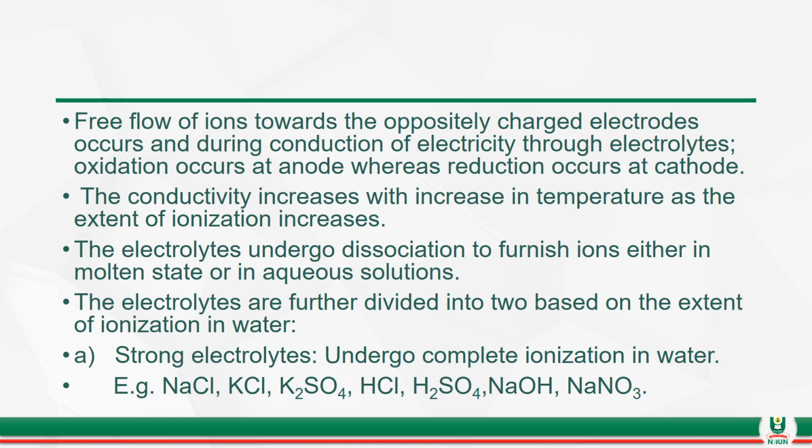Free flow of ions towards the oppositely charged electrodes occurs, and during conduction of electricity through electrolytes, oxidation occurs at the anode, reduction occurs at the cathode. The conductivity therefore increases with increase in temperature as the extent of ionization increases.